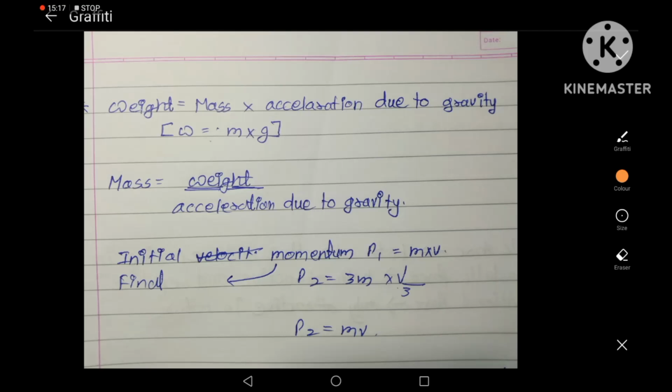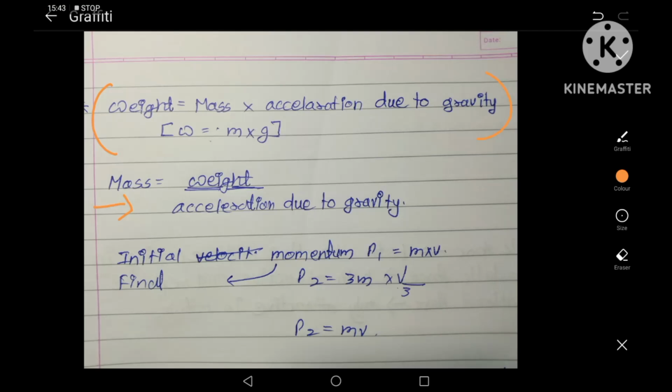Here, to find the mass, there is a formula given. You can change this formula to find mass. So here mass is equal to weight divided by acceleration due to gravity. The acceleration due to gravity will be given inside the question, you do not have to find it.